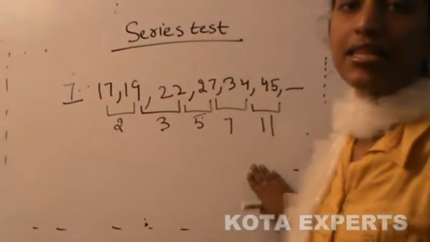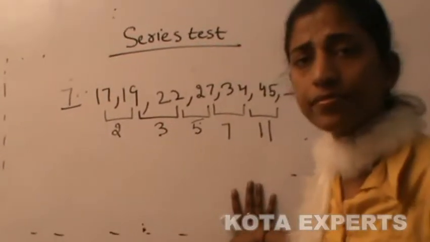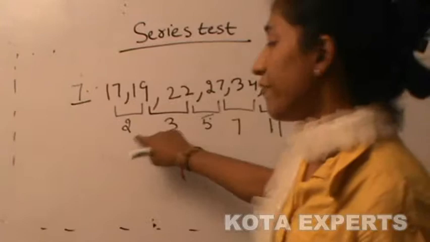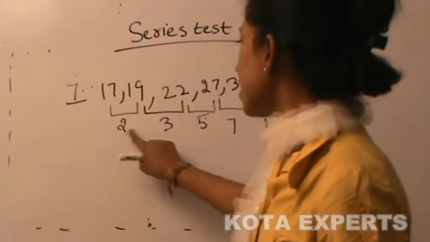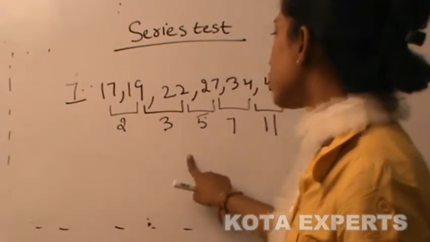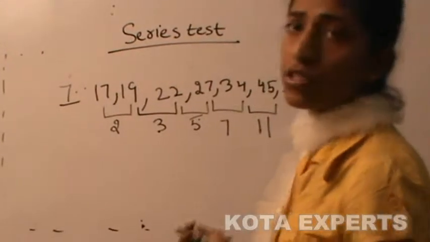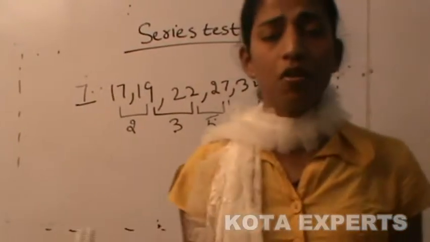Think. No, the difference pattern is not there because 3 minus 2 is 1 but 5 minus 3 is 2. Again 7 minus 5 is 2. So no pattern of difference will follow.